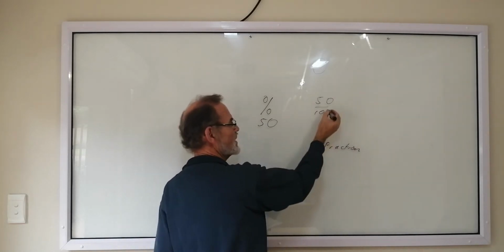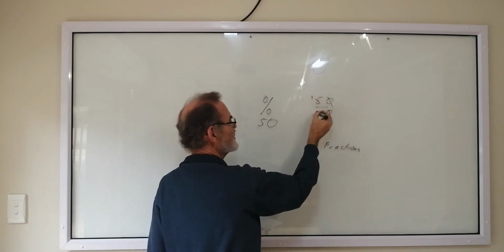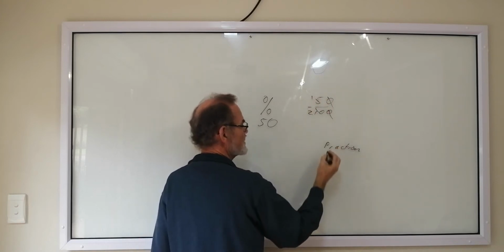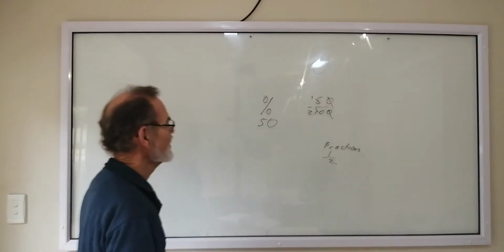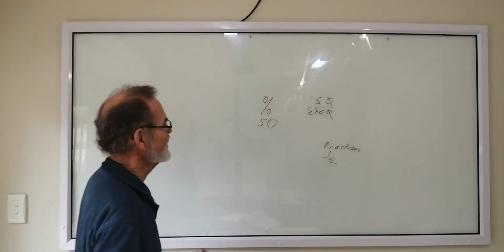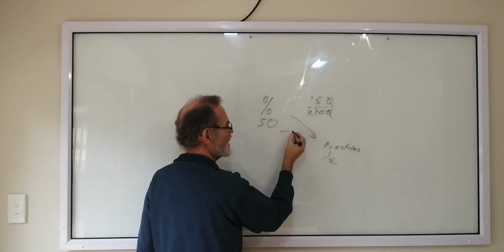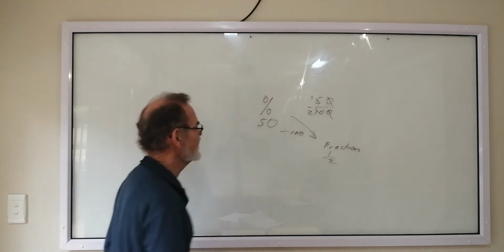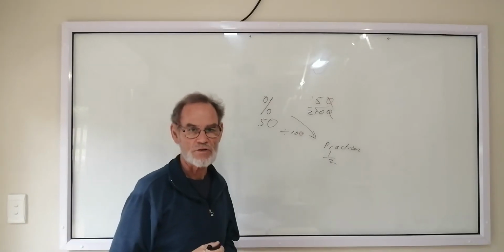How do we simplify? We cross out the zeros and we can divide 5 into there and 5 into there. So the fraction is a half. So what have we actually done? We have divided by 100. We've divided by 100 to express 50% as a fraction.